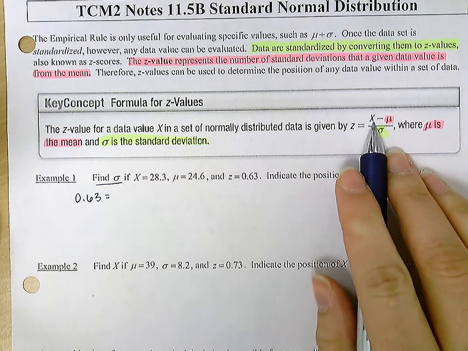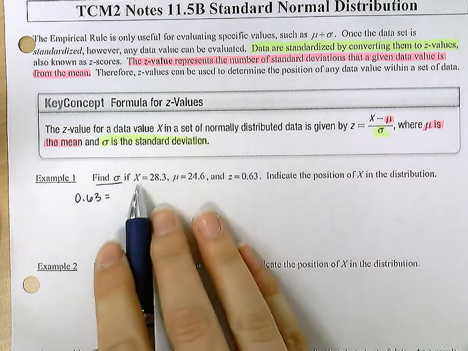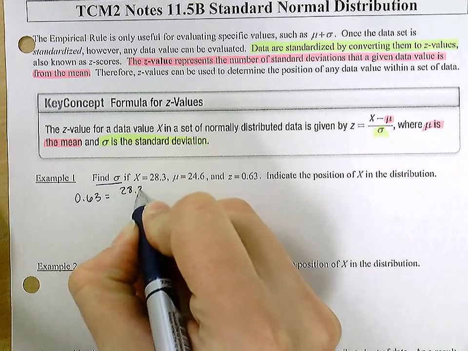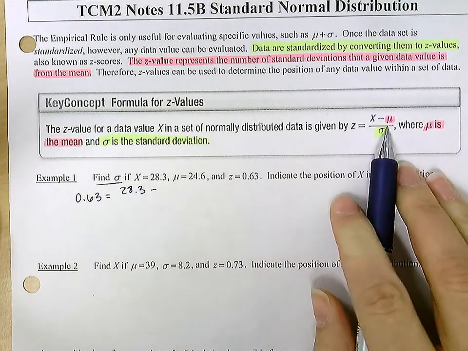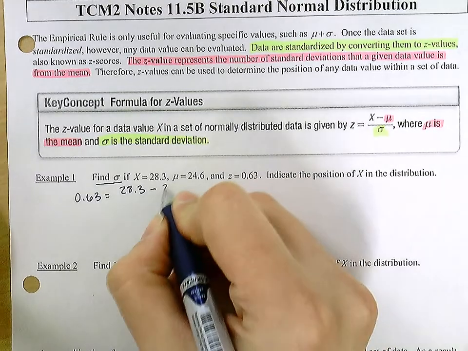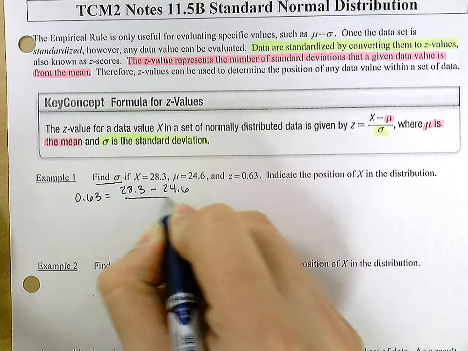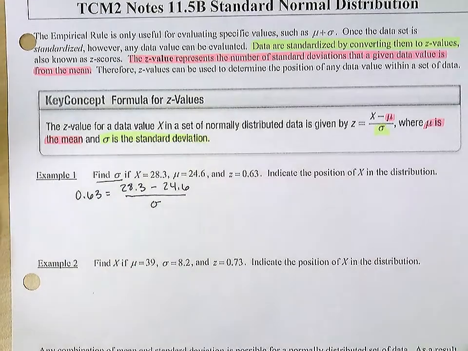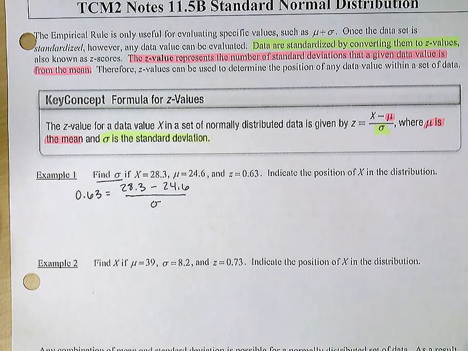That's equal to x, which is 28.3, minus mu, the mean, 24.6, over sigma, which is what we're trying to find.